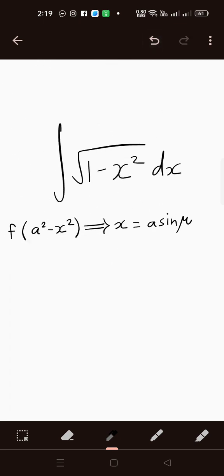I'll use mu to denote any integration variable.